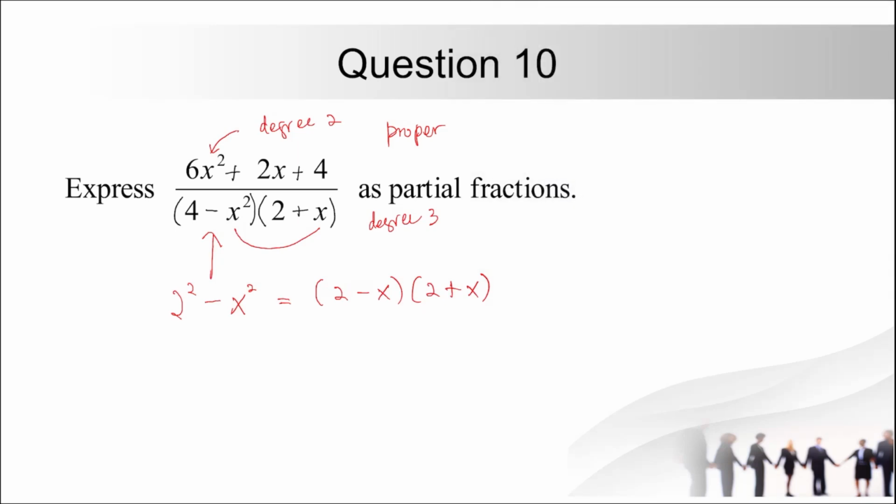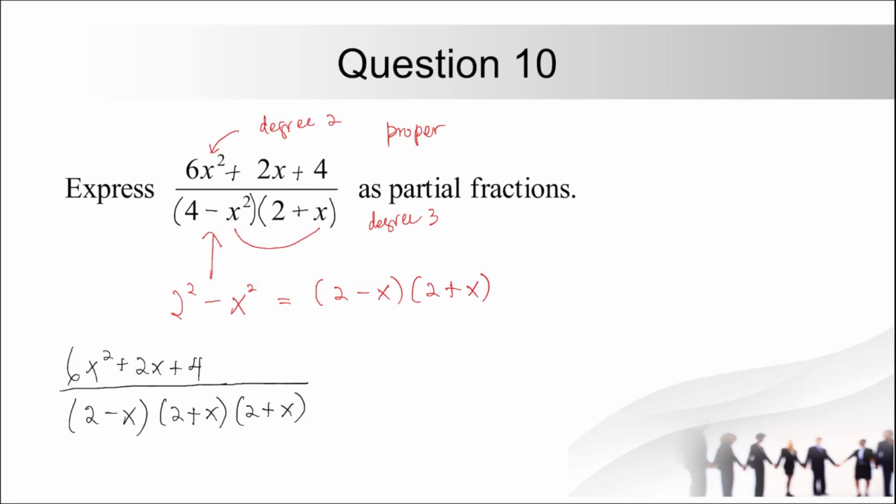So now, if we write the fraction, you will get 6x squared plus 2x plus 4 over (2 minus x)(2 plus x) times (2 plus x). Now you see here 2 plus x and 2 plus x is actually the same factor.